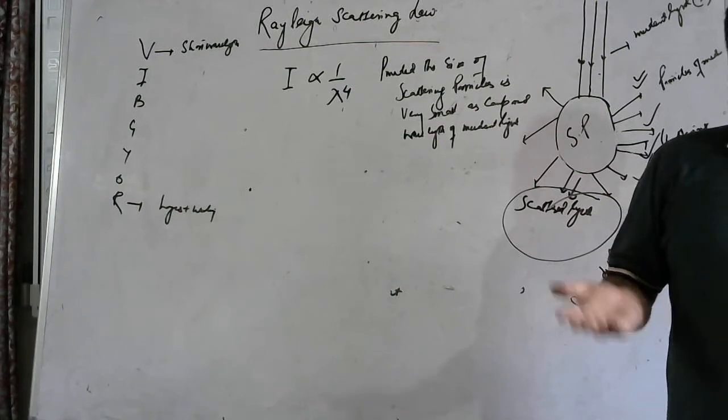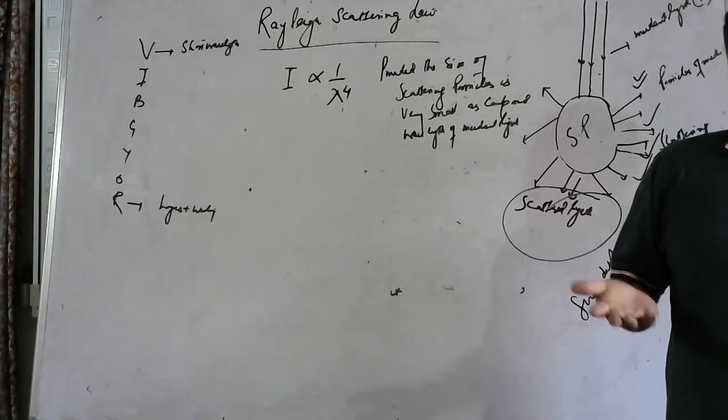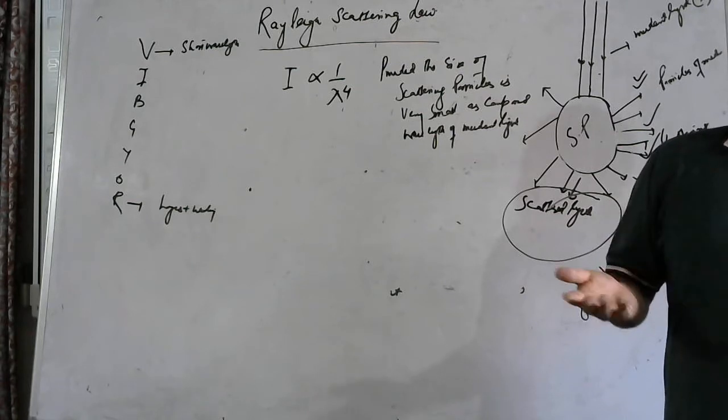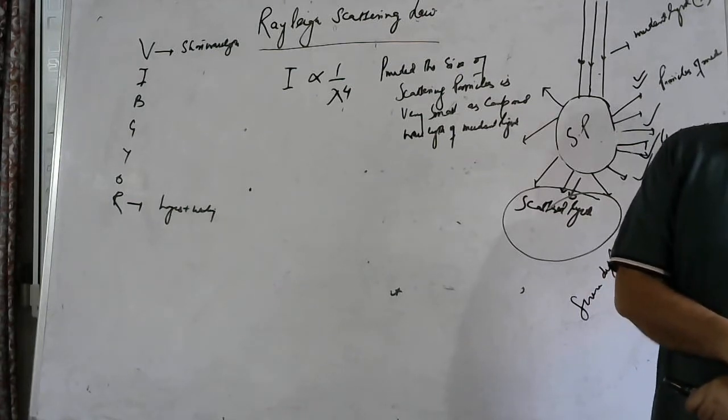Some color present in the white light will get more scattered, and some color will get least scattered.